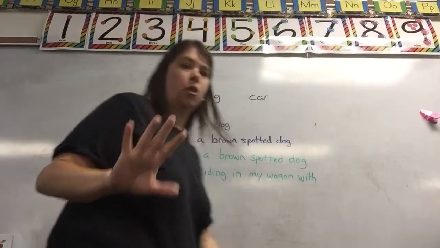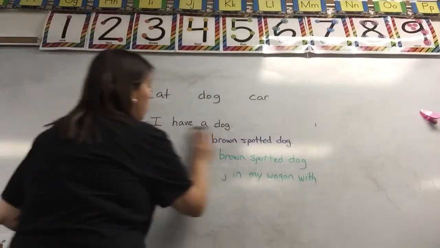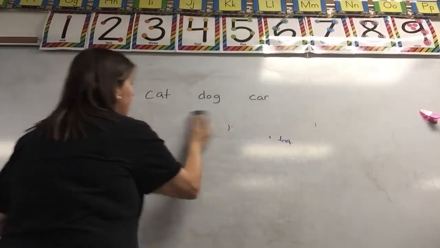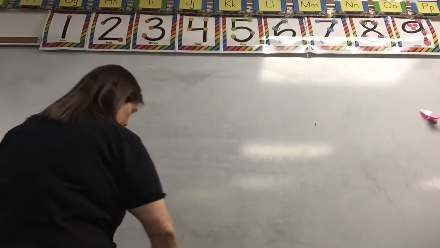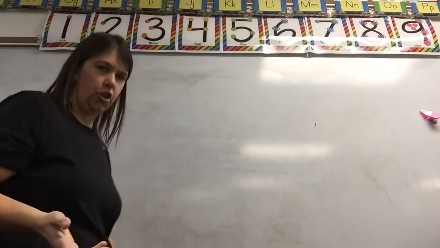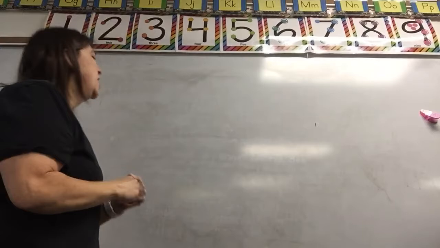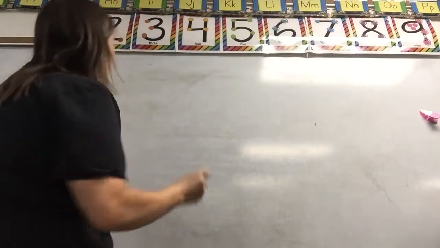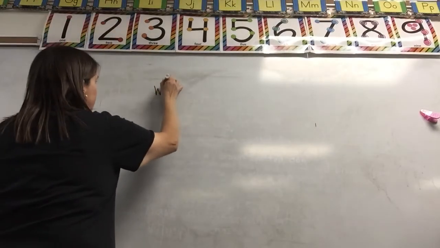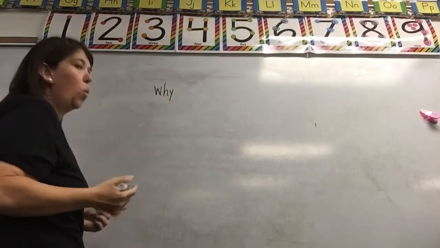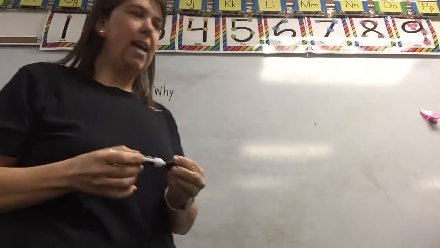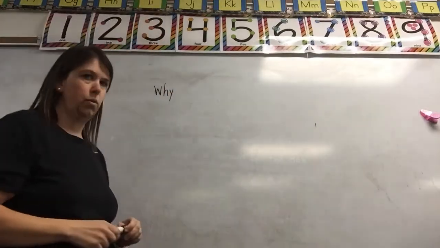So here's the one that's going to give you the biggest trick. There is one on there that I put on there because it is a question word. Usually, not always. This is not the one on yours, but why. Why is the sight word you have to use.